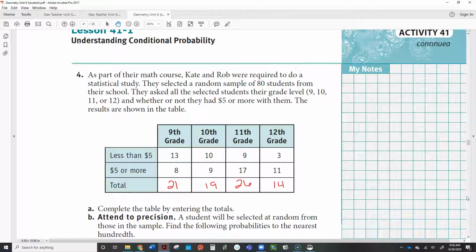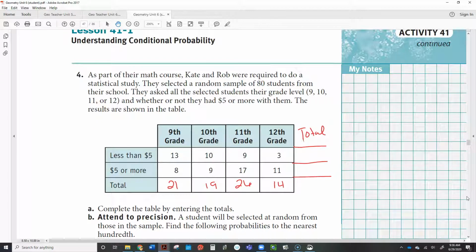Now, notice they did not give me a total column over here. I don't know if I'm going to need it, but I might. I might need to know the total number of less than $5, a total number of $5 or more, and a total number of kids.